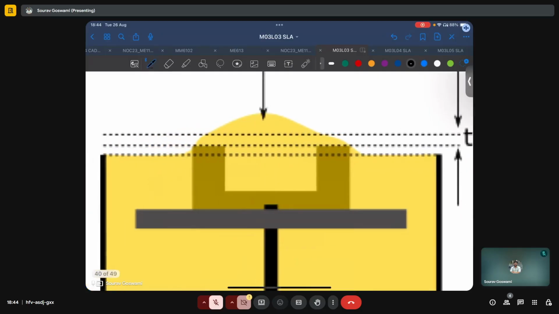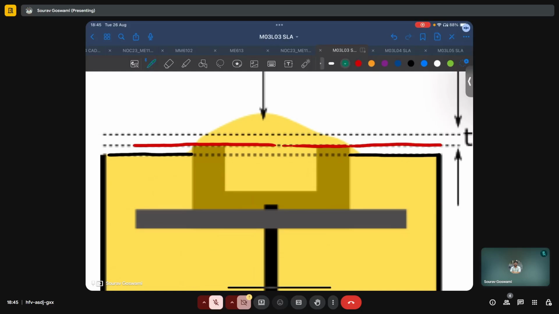Here in this first line, which I am drawing in black, is the layer of the resin inside the vat. The second line, which I am now drawing in red, is actually the height of the part which has been already deposited. Notice how it is taller than the height of the liquid resin within the jar.